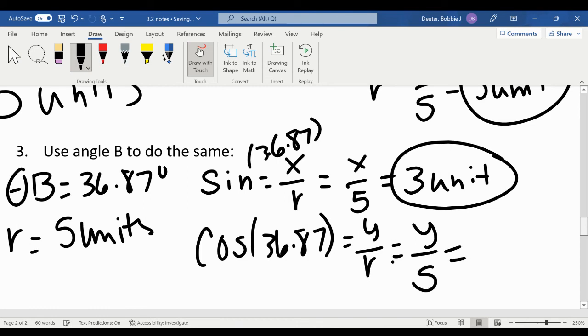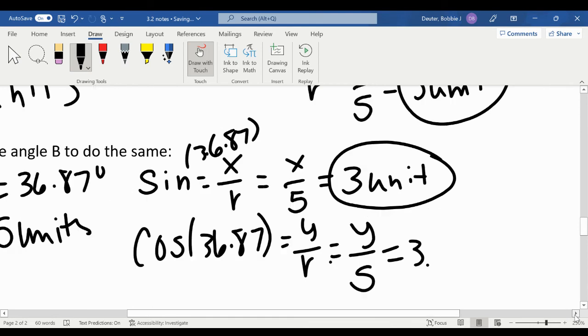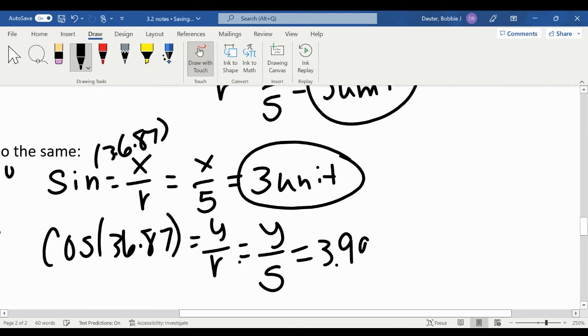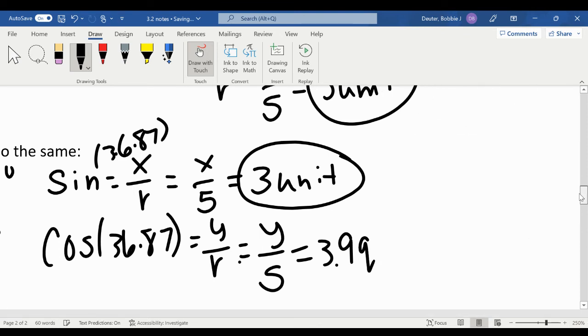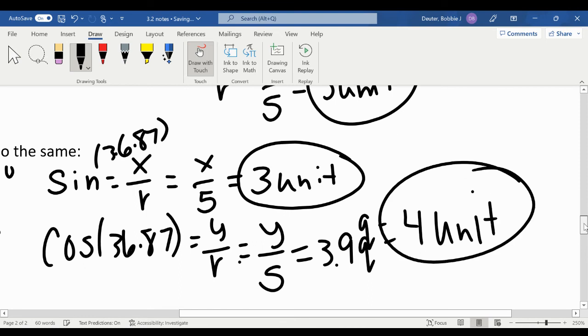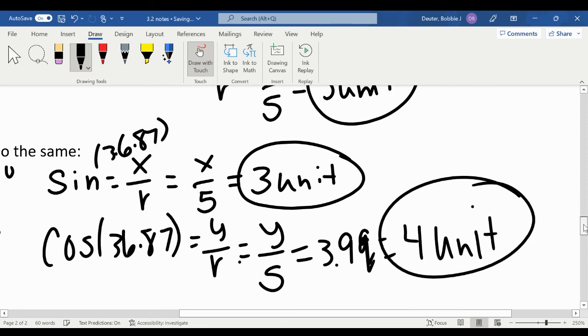Taking the cosine of 36.87, multiplying that by 5, we still get 3.99, which, if we remember from above, is the same value as what we already had. So we're going to put that equal to 4 units. Again, just a double check that we solved this correctly. Above, it was also 4 units. So we'll have that same value in both spots.